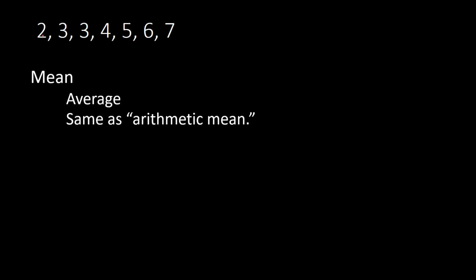So we're adding up 1, 2, 3, 4, 5, 6, 7 numbers, so we divide by 7. So add everything up and then divide by the number of numbers that we are adding together. When you do that, you're going to get 30 over 7, which would give you 4.29. So 4.29 would be the mean.